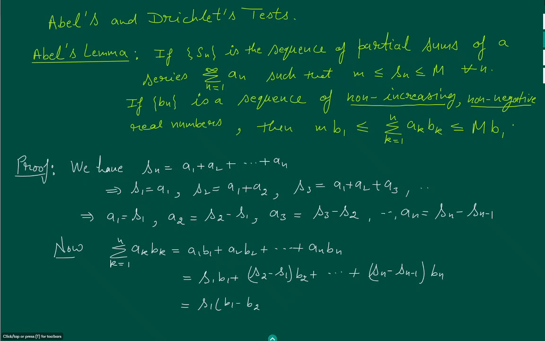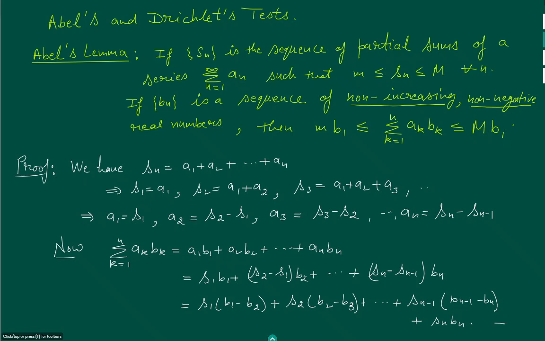S1 is common, take S1 common. B1 minus B2 plus S2 into B2 minus B3 plus S3 into B3 minus B4 and so on. And in the end, you have Sn minus 1 into Bn minus 1 minus Bn and plus Sn Bn. So this is summation AkBk.